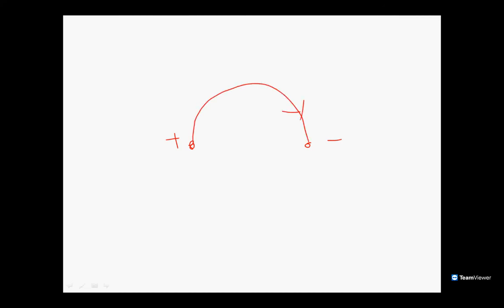Electric lines of force will be like this, or like this. There is no continuity between the positive and the negative. They are open curves, whereas magnetic lines of force are closed curves.